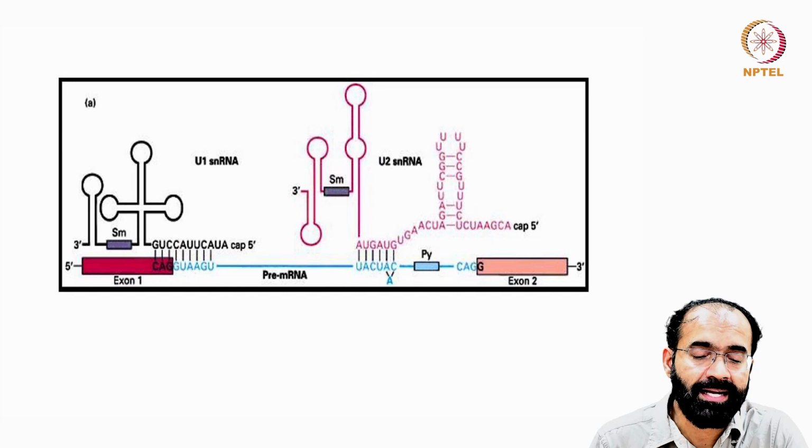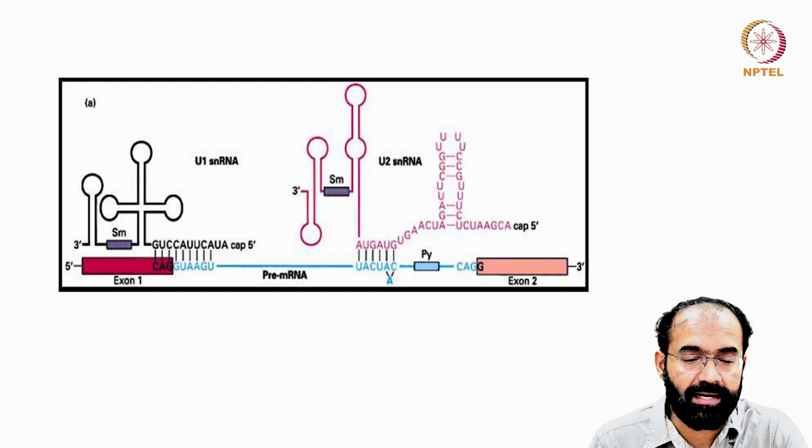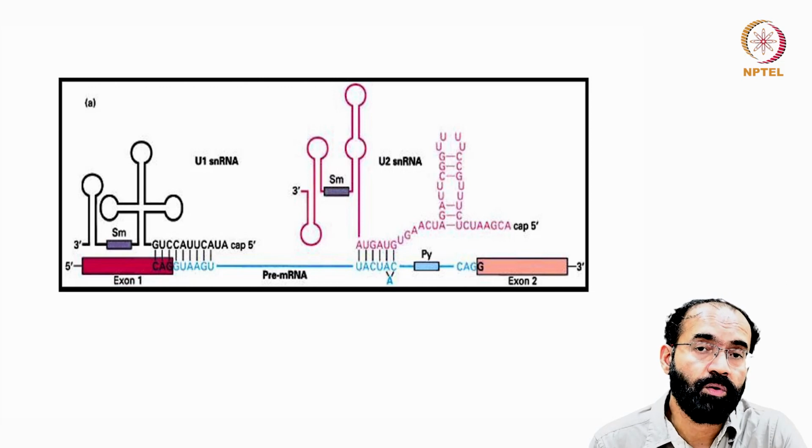Towards the 3' end of the exon and the 5' end of the intron, you have a common stretch of sequence, that is CAG, GU, AAGU. This sequence is bound by U1 snRNA. And U1 snRNA can happily pair onto this exon intron boundary, and this is very important for the splicing event.